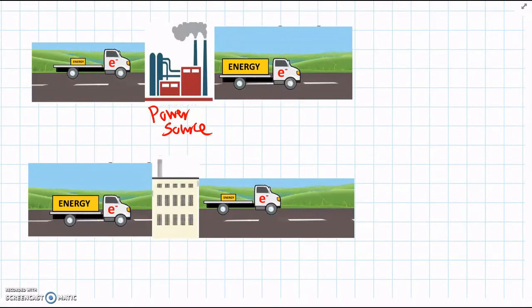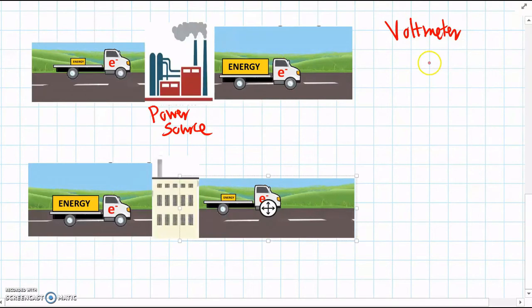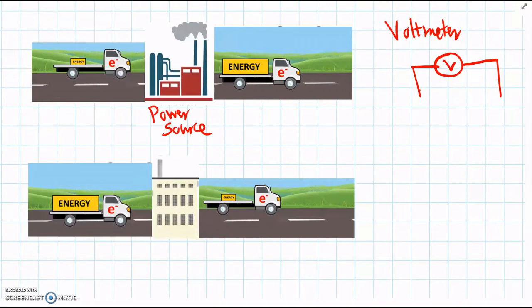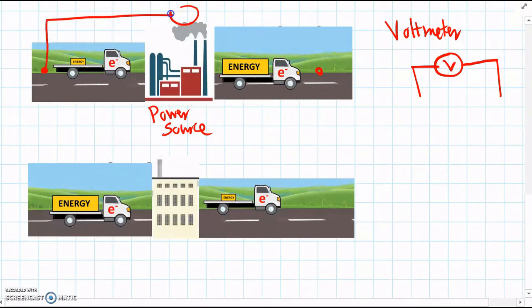And the way we actually measure voltage is with a voltmeter, which, remember, has the symbol of a V in a circle if we put it into a circuit diagram. And the way that voltmeters work is we need to connect them on either side of a particular feature in the circuit.